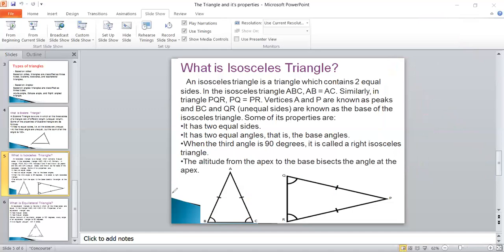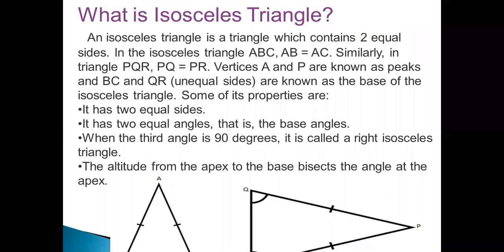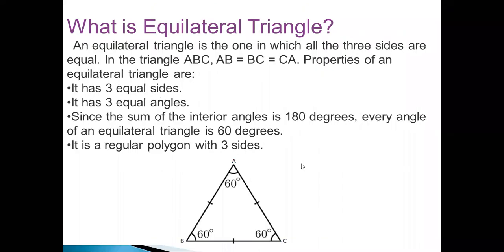Then come to the next type of triangle, that is the equilateral triangle. So let us talk about this equilateral triangle. Till now, how many triangles have we seen? We have seen two triangles.